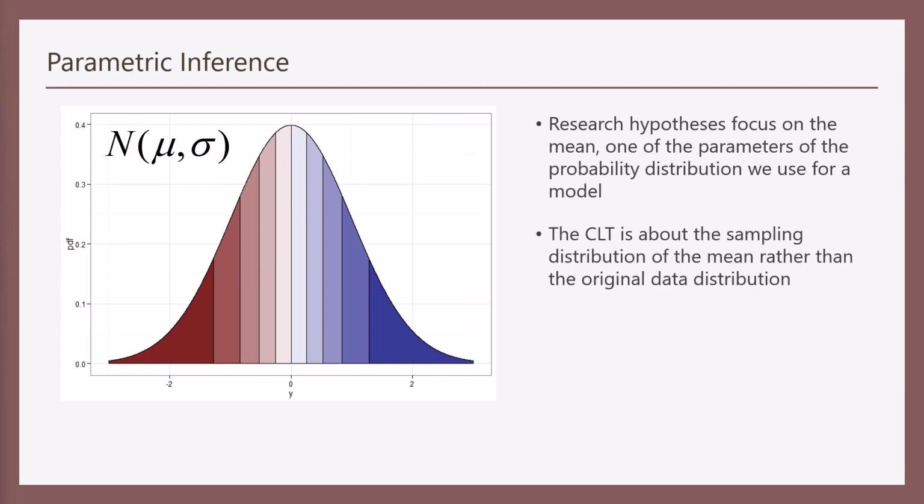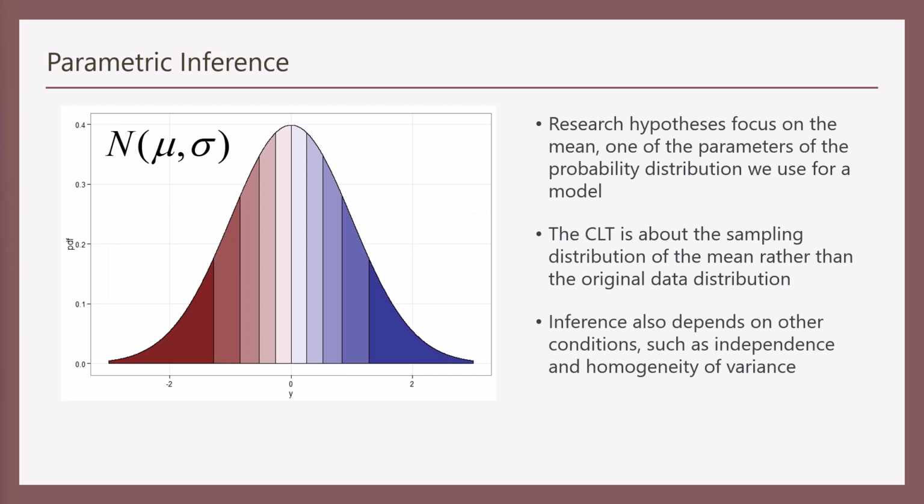The central limit theorem is about linear combinations such as the mean. So it's not about the original data distribution, but rather about the sampling distribution of the mean. So even though we can do valid parametric inference for the mean with the normal distribution, the central limit theorem does not guarantee this is going to be the most powerful method, because remember, in order to guarantee you have the most powerful method, your original data distribution for your population must adhere to some mathematical model, some probability distribution that has parameters.